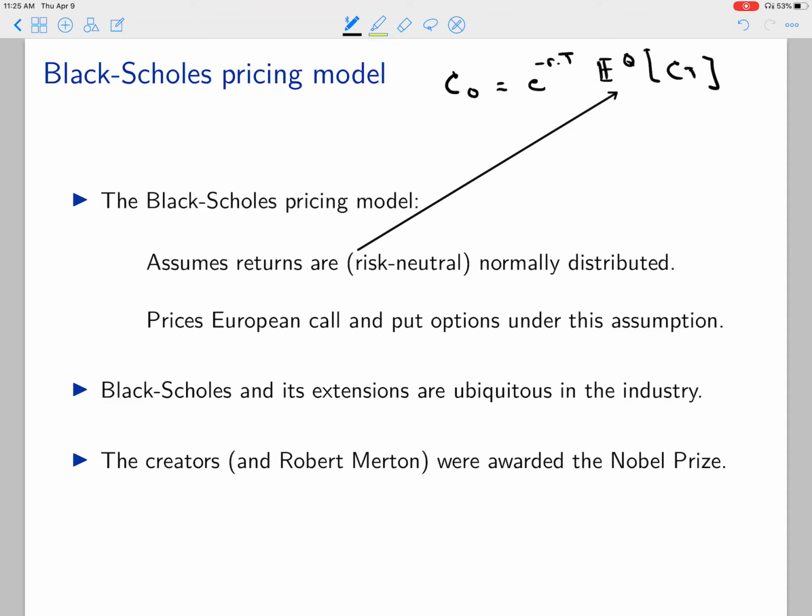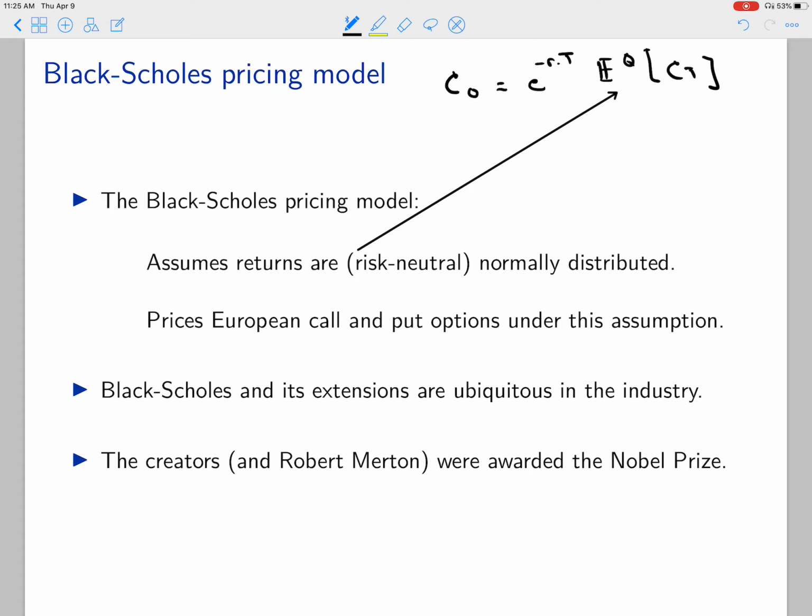Black-Scholes is going to be super important in industry. Its extensions are used more than anything else. Extensions such as the Heston model and the stochastic volatility models are used in industry, but Black-Scholes is still very prominently used in terms of quoting conventions and in other fields such as executive compensation contracting.